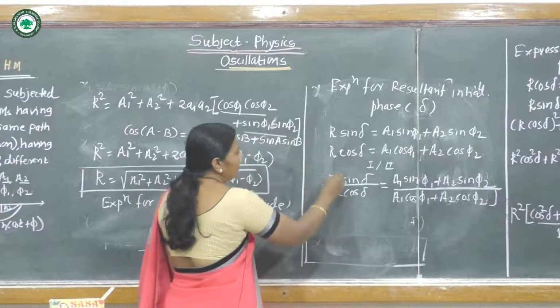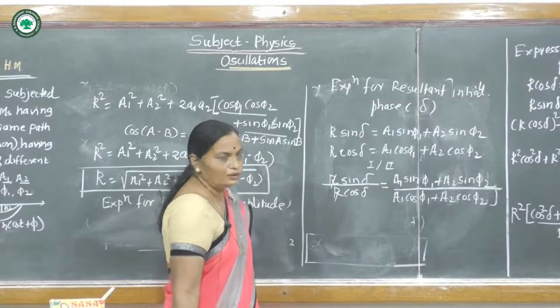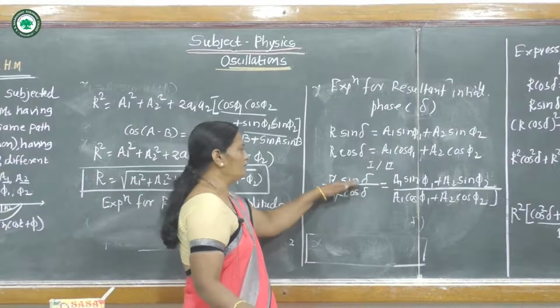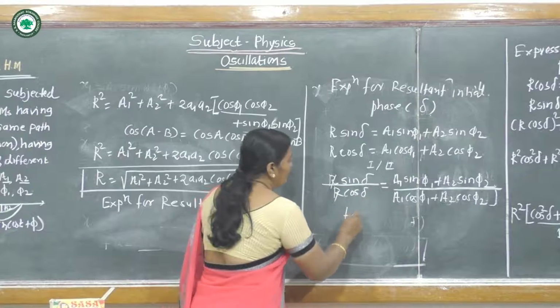Now R gets cancelled here, and we know sin theta upon cos theta is tan theta. Here we can write tan delta.